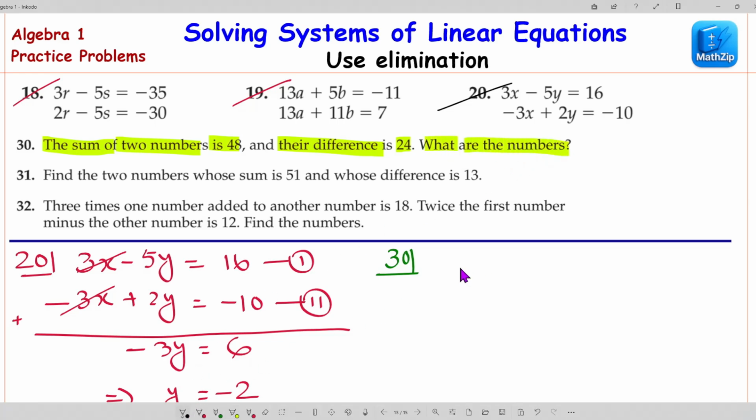So look, we have to find out the numbers. Let the numbers be m and n. Okay, so as per the question, the sum of two numbers is 48.